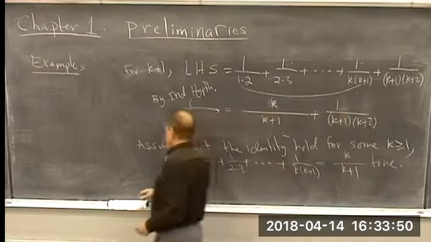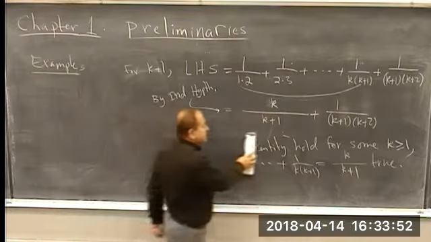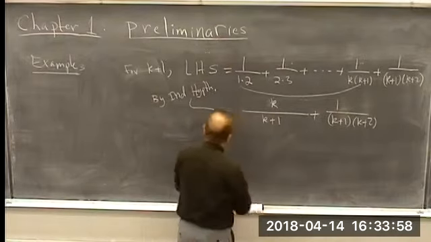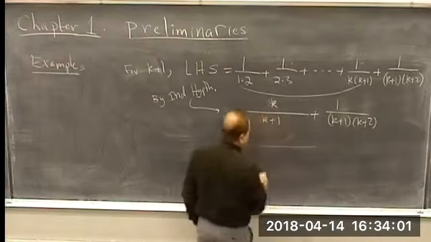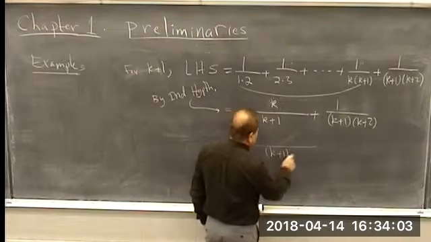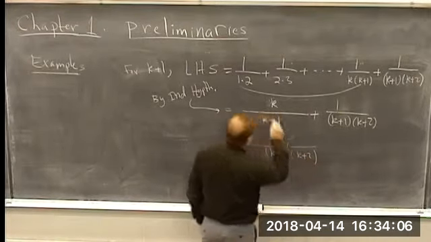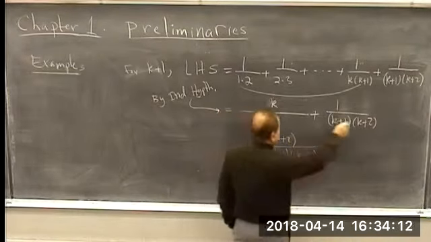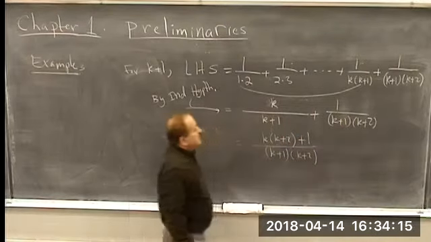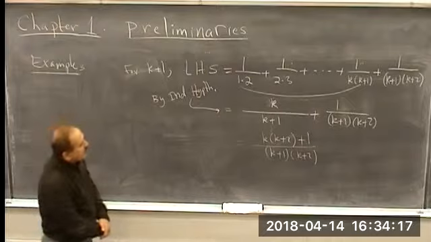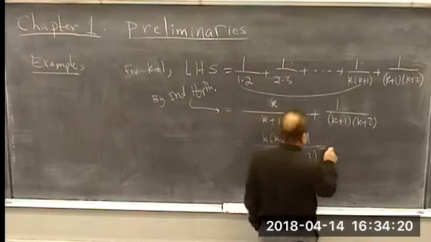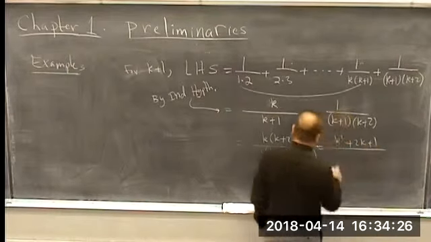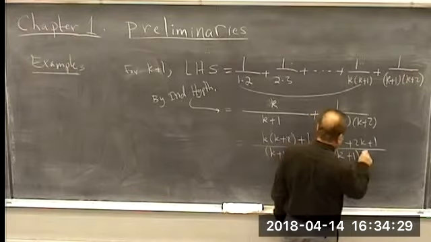Now, let's add up these two fractions, and hopefully it will simplify to what we need. This is going to have a common denominator, k plus 1 times k plus 2. So this one, we need to multiply by k plus 2, and this one we don't need to adjust. Now we multiply, and we get k squared plus 2k plus 1 over k plus 1 times k plus 2.